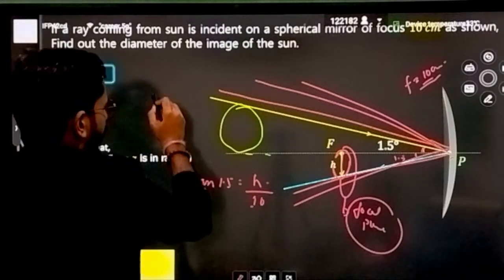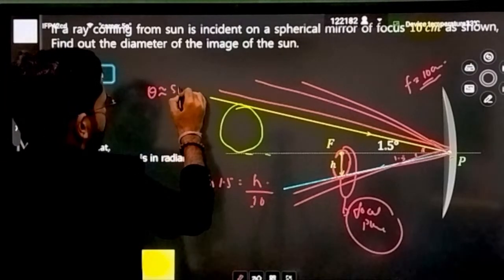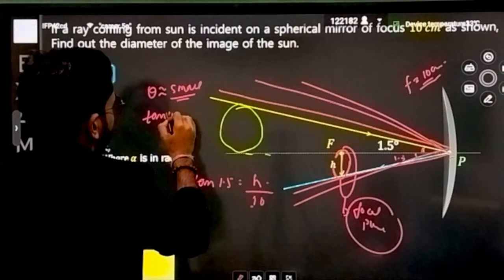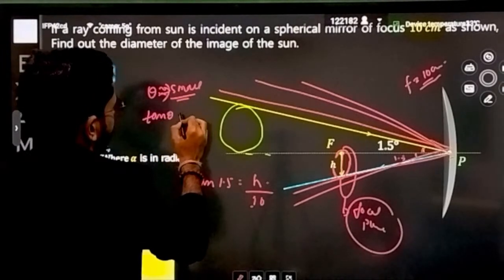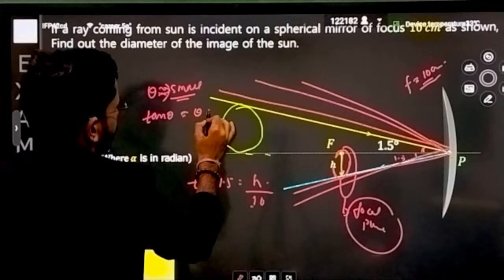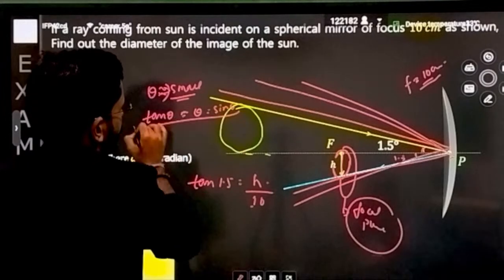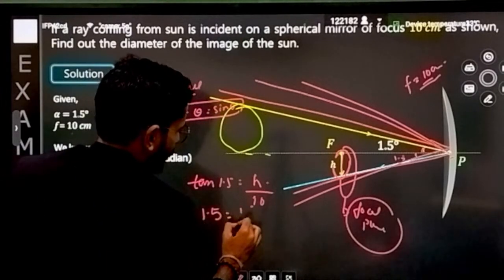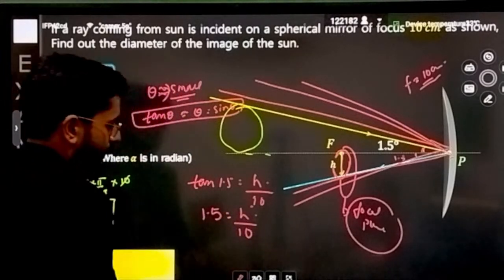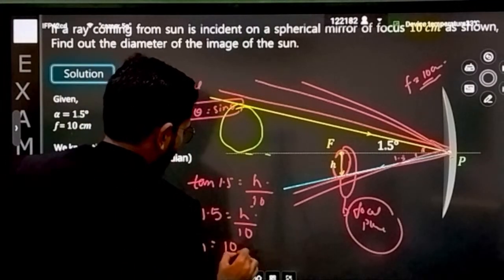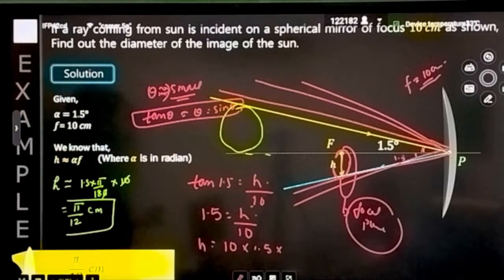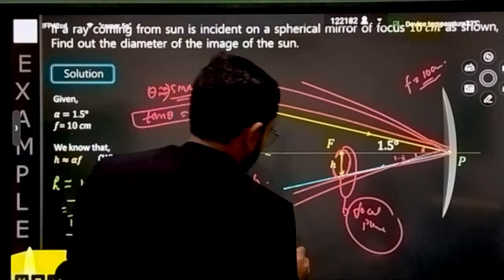Now when theta is very small, tan of theta is equal to theta, and it is equal to sine of theta. This is the relation that you can apply directly. So it will become 1.5 is equal to h divided by 10. Now h can be written as 10 into 1.5, and I've told you that this 1.5 has to be in radians, not in degrees.